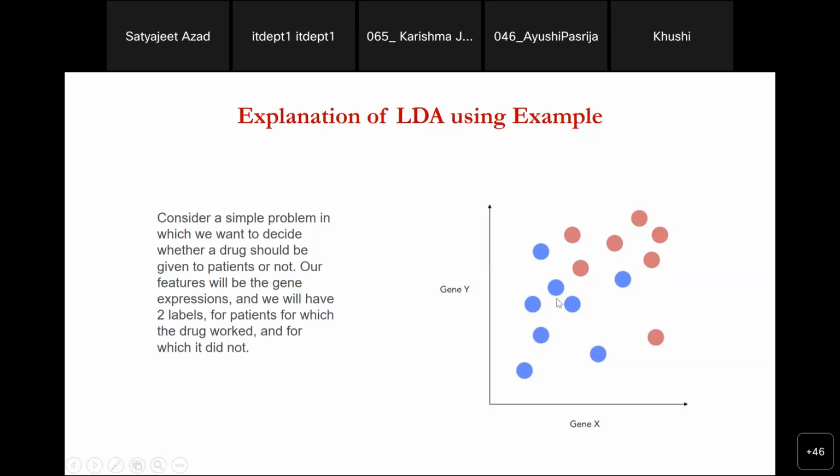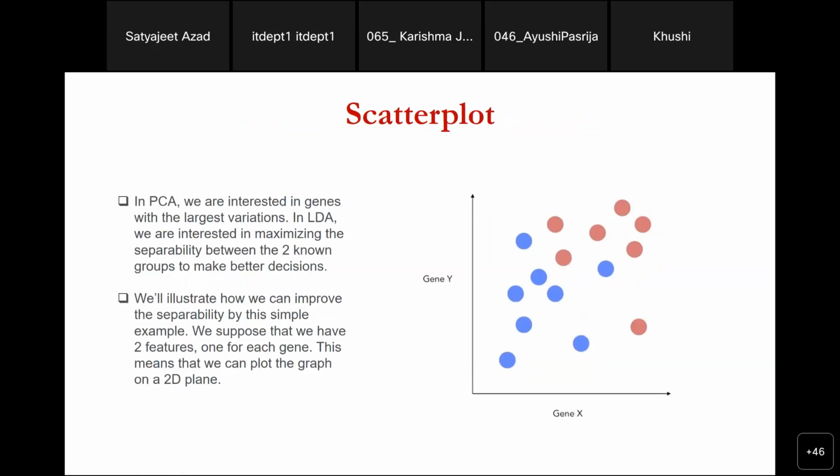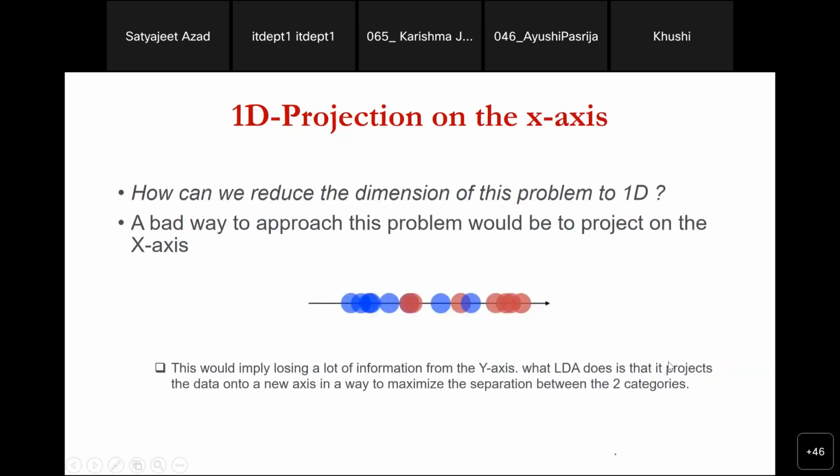See, if I draw a line like this and capture the variance, then there will be some kind of separation. So let me show you how. If I project LDA like this, just see what I'm getting. There is some overlapping here and no clear class separation.